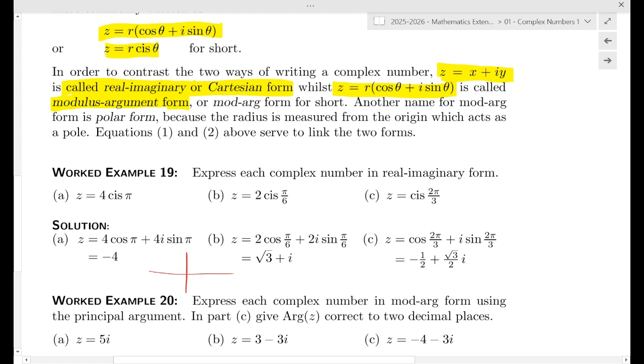Then the next one's 3 minus 3i. Where is it on the imaginary? Where is it on the real? Think about what that angle would be. It's gone out the same amount as it's gone up, but you've also got to look at which quadrant it's in.